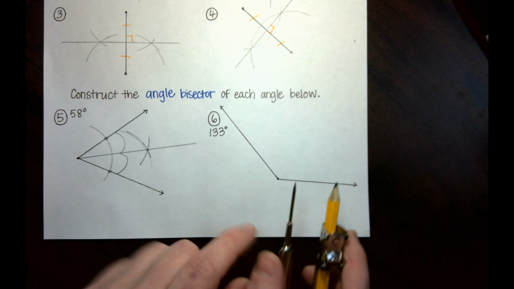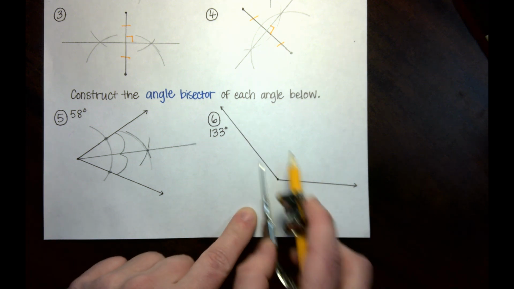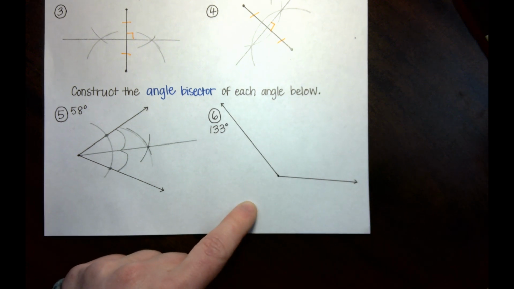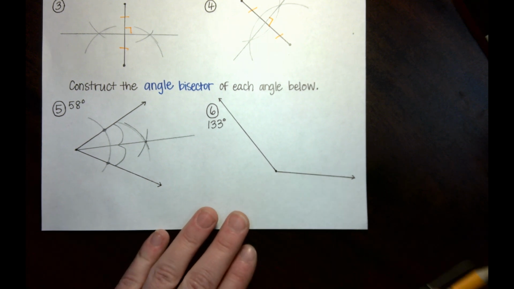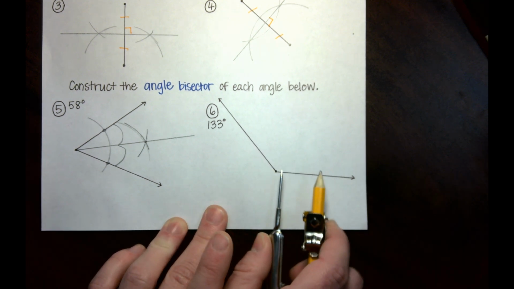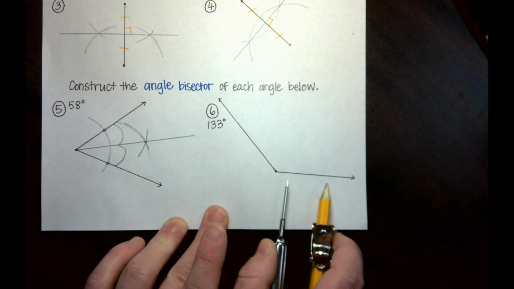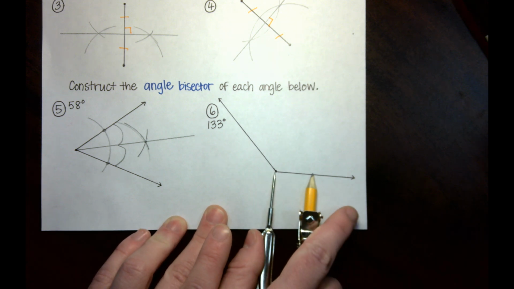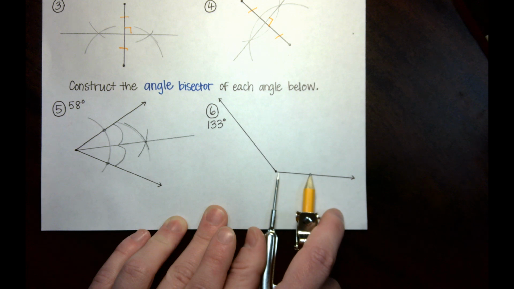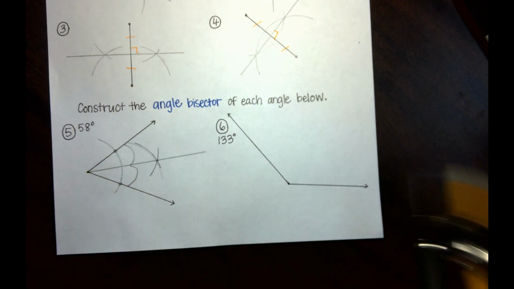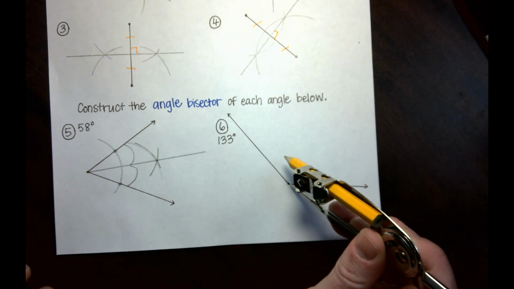Less than half. Now my rays on my angle are not the same length. So I'm going to go with less than half of the smaller one. I think it would still be fine if you did the big one, but I'm going to do the smaller one just to be safe. So there's a little less than half. And I'm going to stick my pointy part on the vertex.